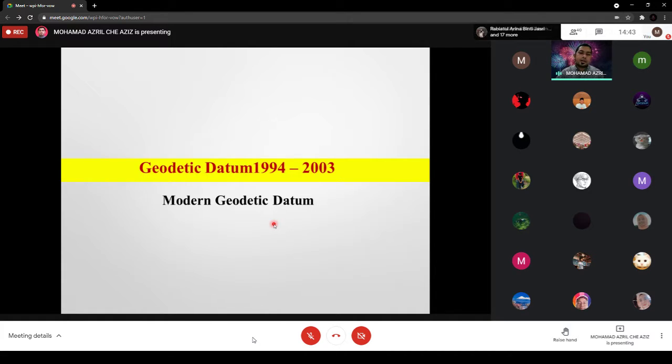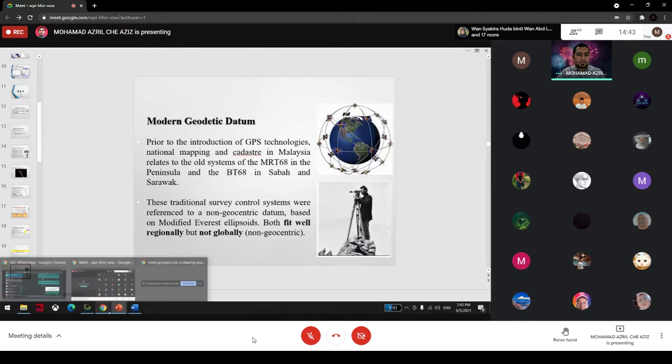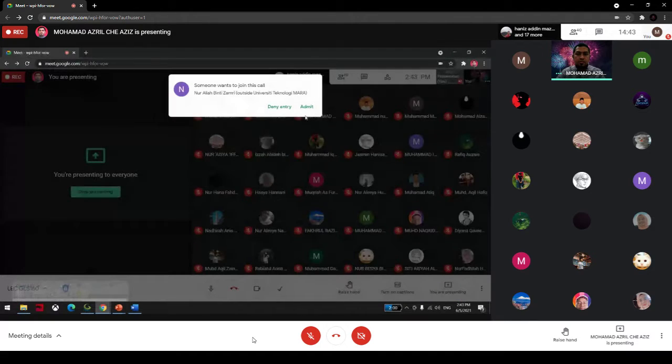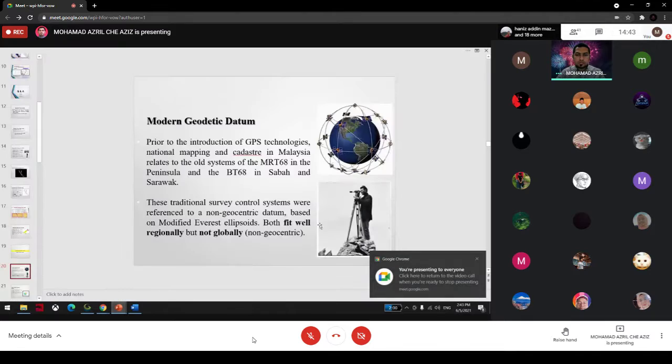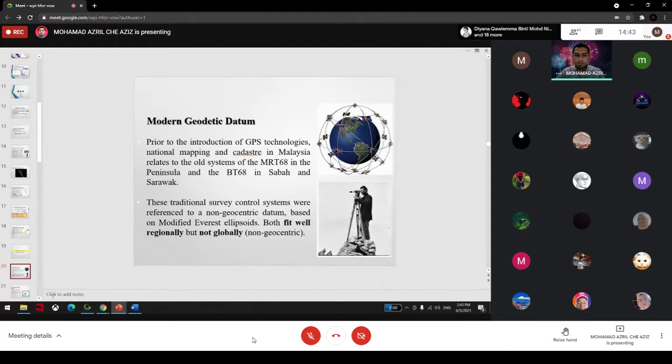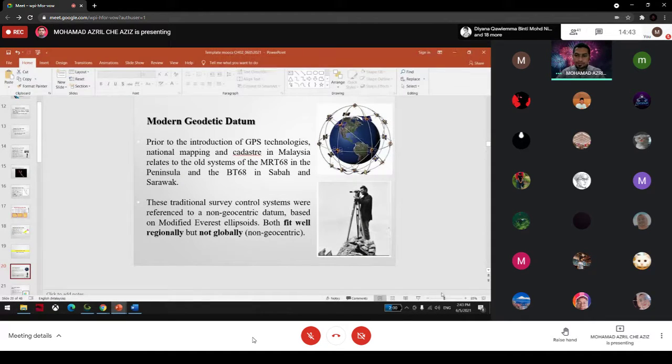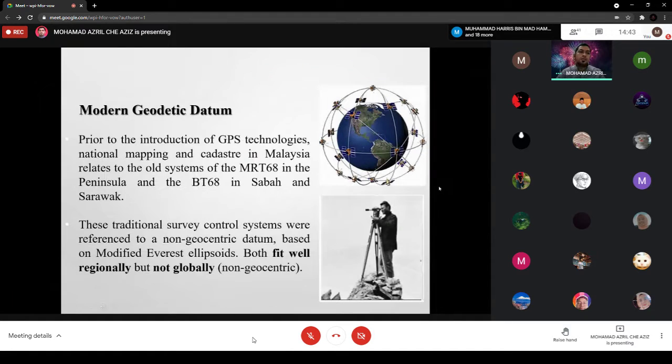So that covers the classic geodetic datum. But now we enter the modern geodetic datum, which starts in 1984.